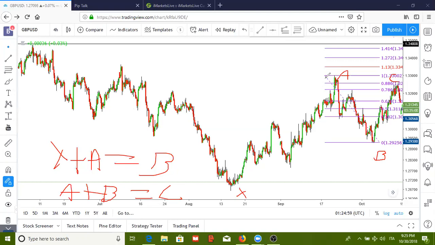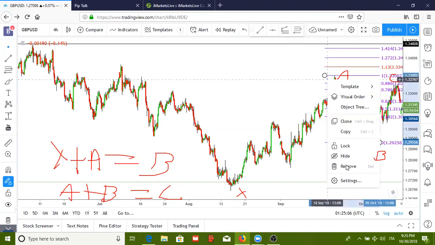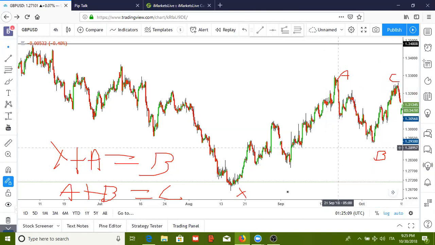So now I know exactly what I should be setting myself up for in the markets. I'm looking for a potential bat pattern. That's the only thing I should be looking for right now. So what I'm going to do now is take my fib from my X leg all the way up to my A leg.